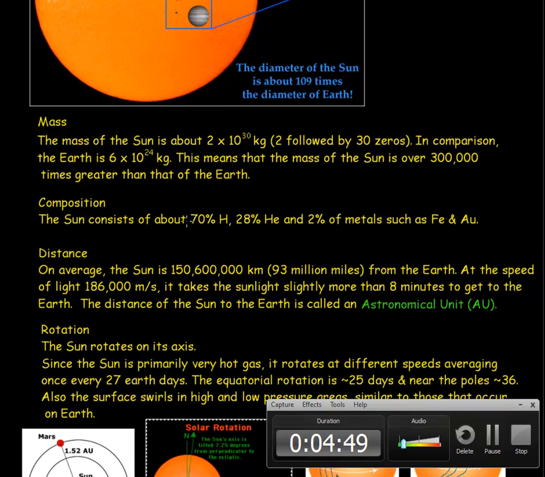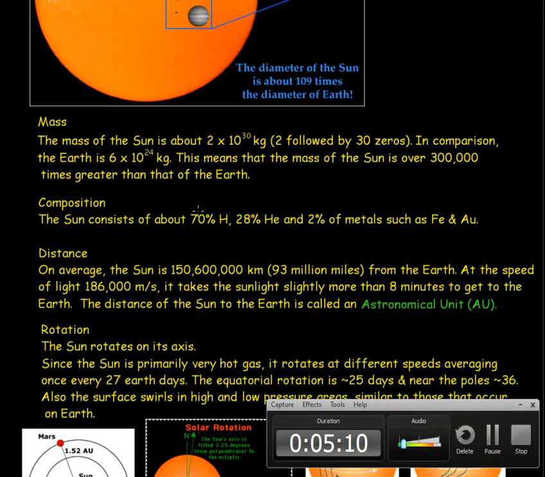Composition: about 70% hydrogen. Hydrogen is the number one element in the known universe. 90+% of the known universe is hydrogen. Our sun now has about 28% helium, 2 points shy of 30%. Our sun is fusing hydrogen into helium, and we'll talk about the rate of that when we actually get to the core.